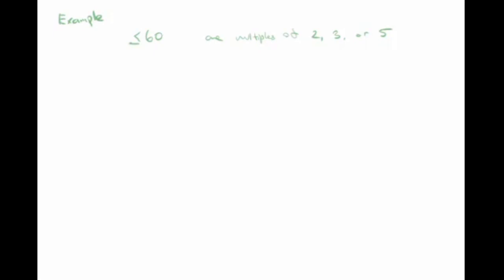So first we notice that these are the only prime factors of 60. So the only numbers that are not multiples are the ones relatively prime to 60. And since the numbers have to be less than or equal to 60, this is the totient of 60, which is equal to 60 times this.